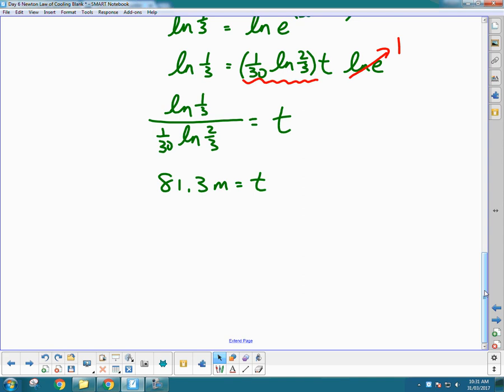That's even more than I would have expected, because I said it took 30 minutes to cool the first 10 degrees, but to cool the next 10 degrees, it takes 81 minutes before it gets to the next one. And that really shows that idea that the hot water cools much faster than the cold water. And we're done.